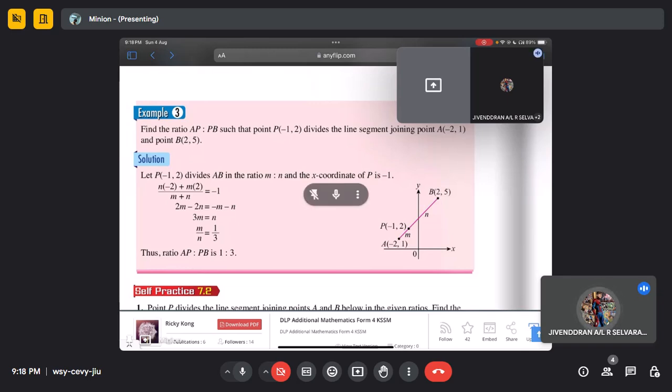Okay, understand everyone? If you don't understand, we can move to self-practice 7.2.